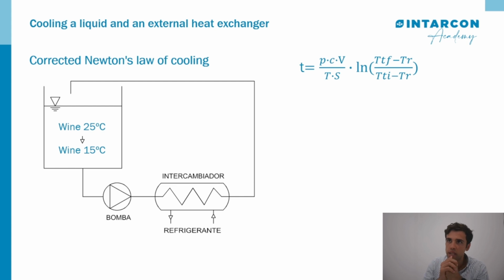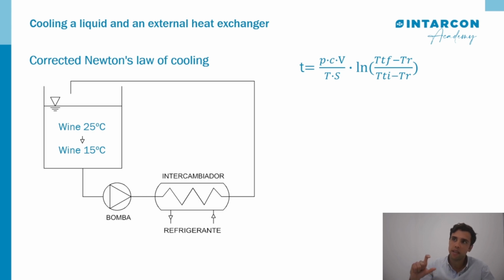And finally, we will see cooling with an external heat exchanger. In this case, we will see the plate heat exchanger, and this method consists of recirculating the wine through an external heat exchanger and returning it to the tank after it has been cooled to the temperature that we need. To do this, we have to correct Newton's law.